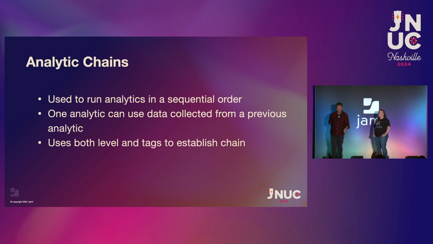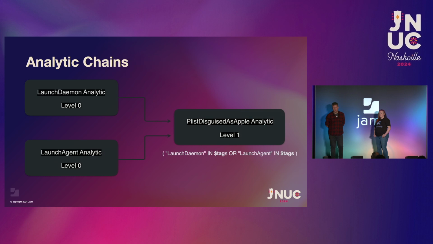As an example, with some of the built-in analytics, we have 2 analytics that look for new launch daemons and agents. So these are level 0s. These will track all those agents and daemons that get created. They've got all the logic to look for the correct directories and the correct file names being used. So these will then get triggered if that activity happens.